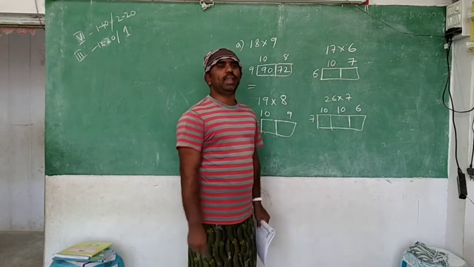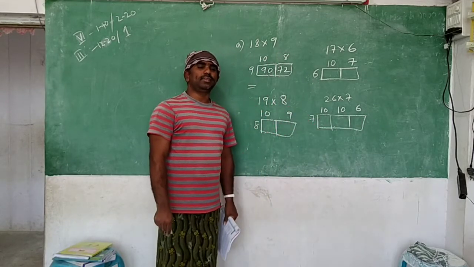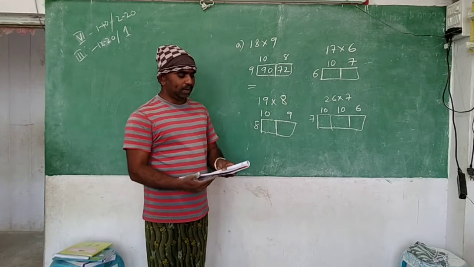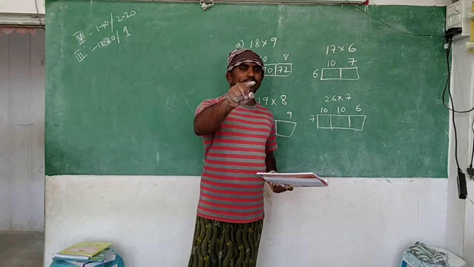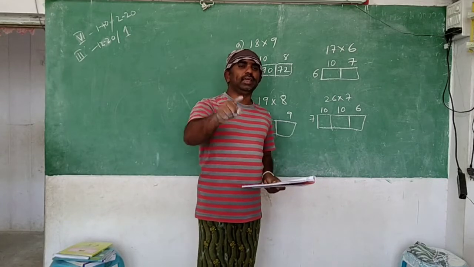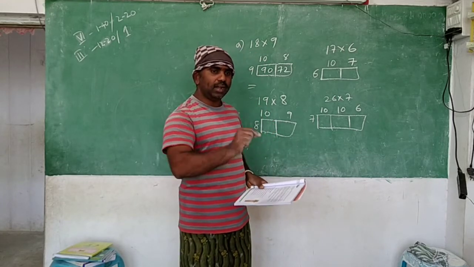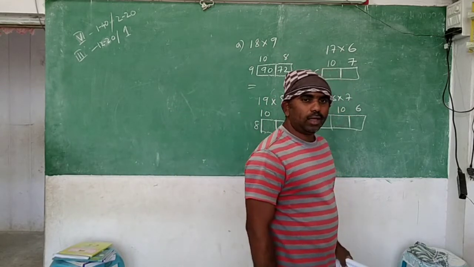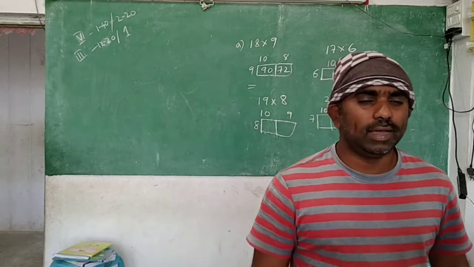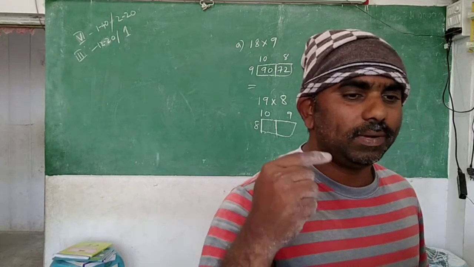After multiplying, you will add this. Okay, this is the way of doing the first bit. Now you don't need to write. After completing this class, I am sending the video. In that video, you can copy all these and you can answer them. Not now, after completing class.